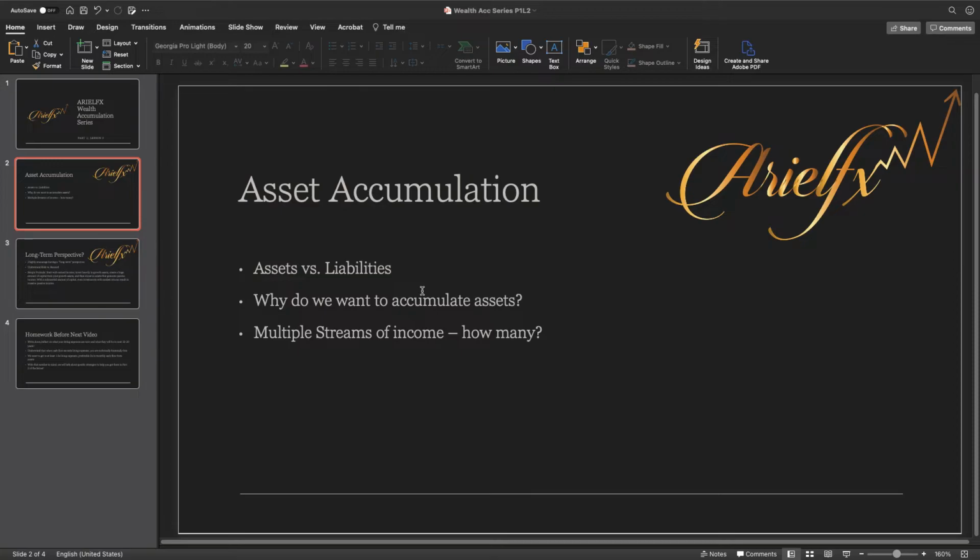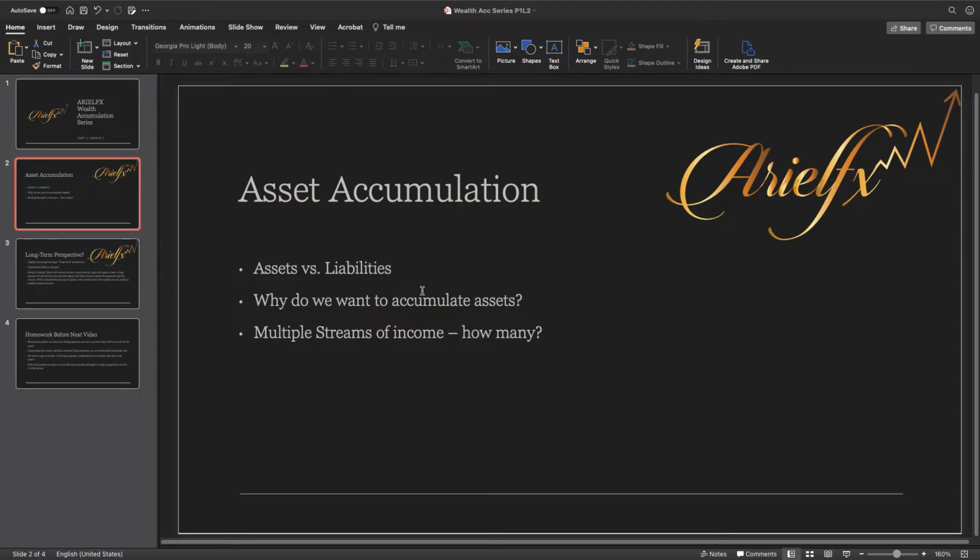Your money can be working for you all day, every day, and a lot harder. That's where we understand the velocity of money and the power of compounding. We want to accumulate assets because those assets down the road are going to provide streams of income for us.